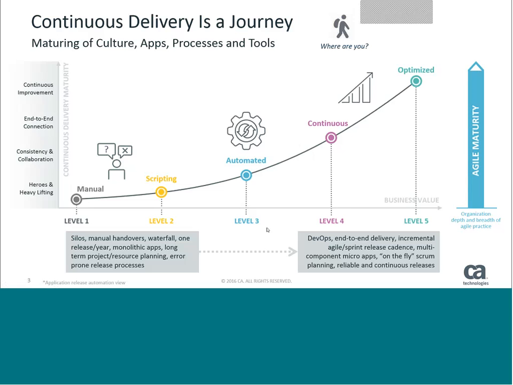Of course, the way you do that is using release automation, which helps you automate your deployments, helps you make it much more errorless and fast, and that is where most of our customers are. They are fully automated and ready to continue and improve. The next stage is to be continuous, which is what we just saw in the previous slide, to be able at any moment to release and eventually to optimize.